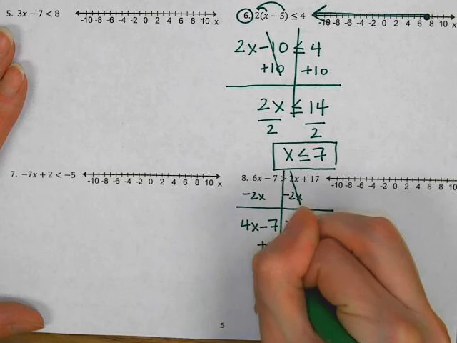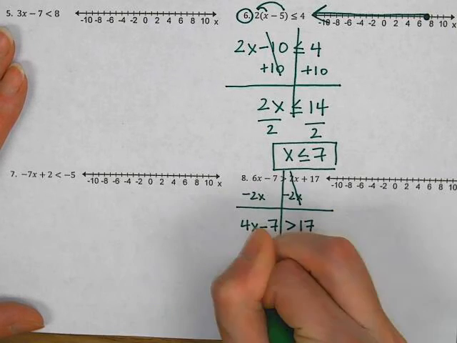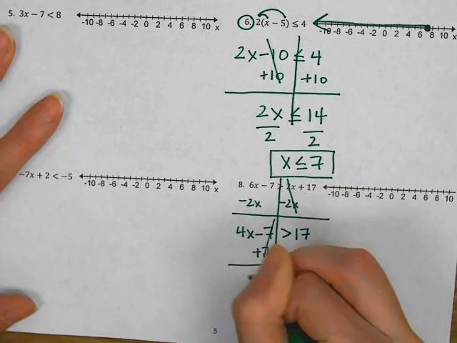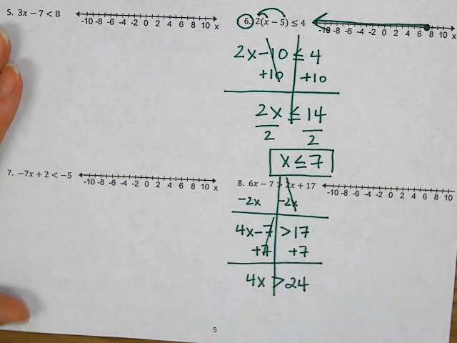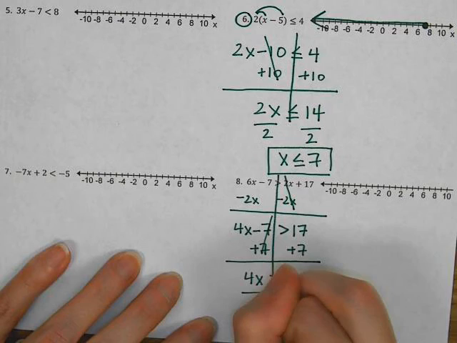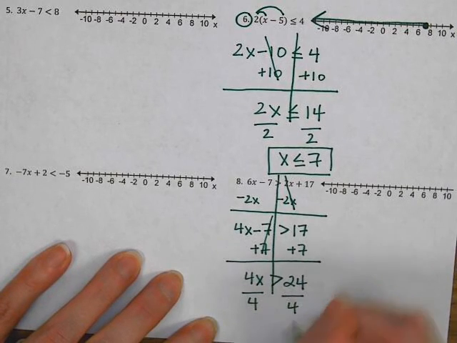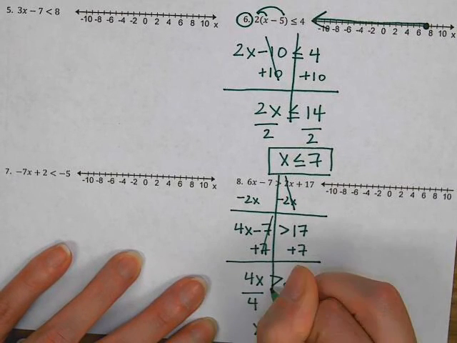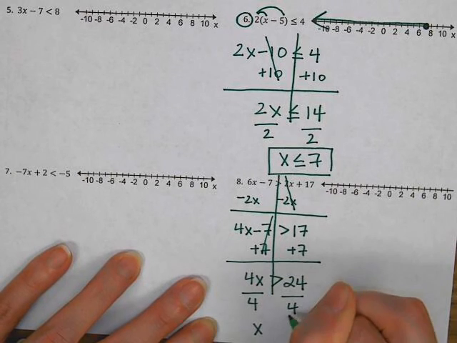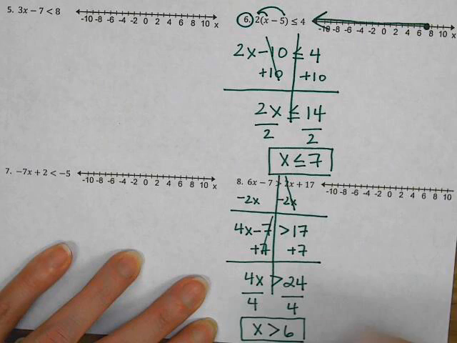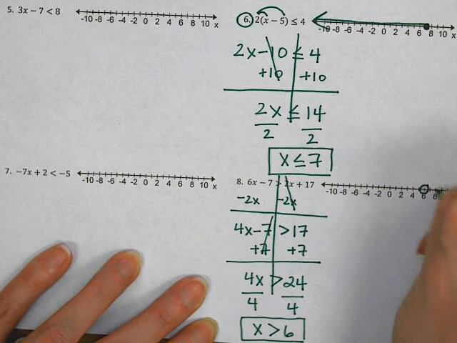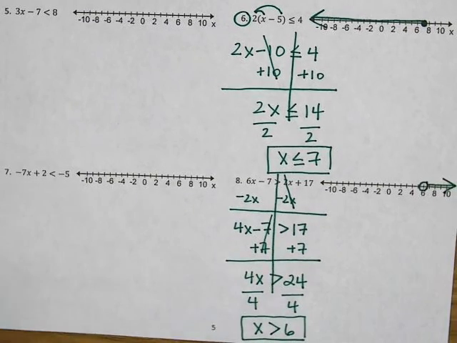So we're going to add 7, and you're left with 4x is greater than 24. And then to officially get x alone, divide by 4, divide by 4. Do not switch the symbol because we divided by a positive. So x is greater than 6. And that would be an open circle, and the arrow goes right.